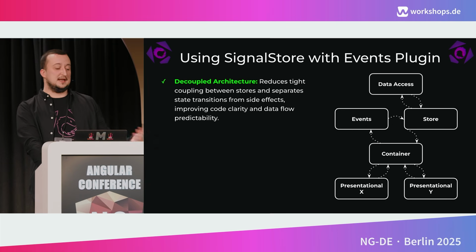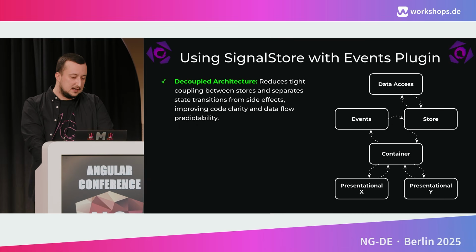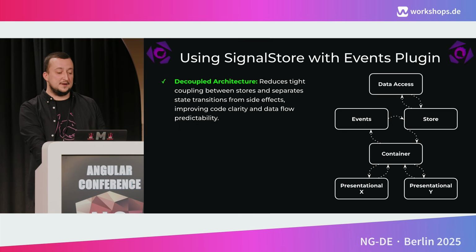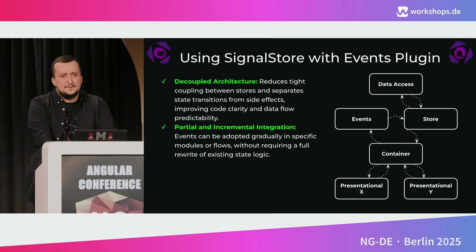So as a benefit, we definitely have decoupled architecture. It reduces tight coupling between stores and separates state transitions from side effects, improving code clarity and data flow predictability. Another benefit that I already mentioned is partial and incremental integration. So events can be really adopted gradually in specific modules or flow without requiring a full rewrite of the existing state logic.